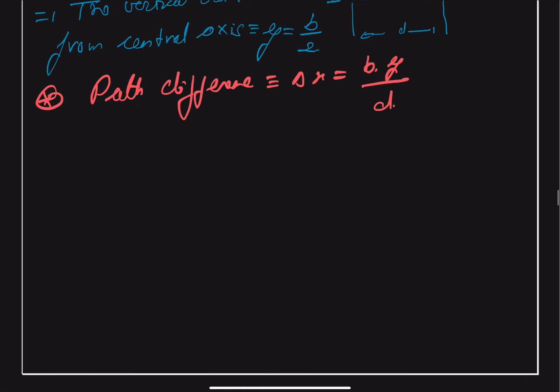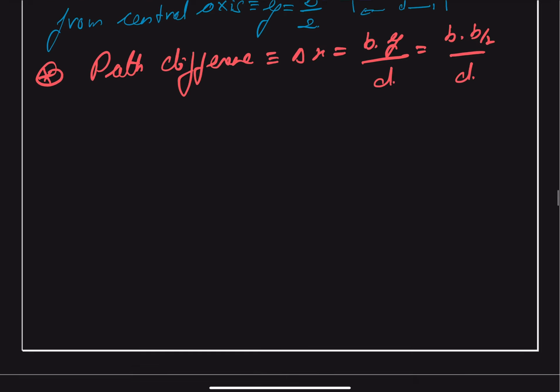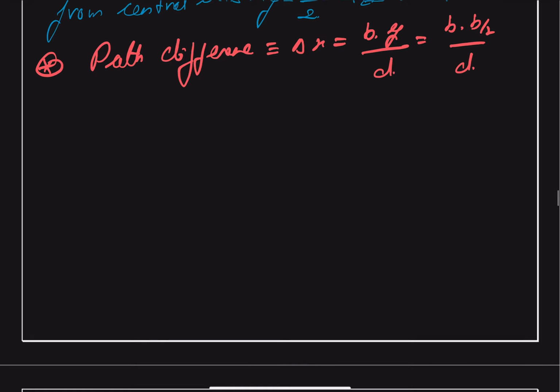We already know our y, so we substitute it here, we get b multiplied by b by 2 divided by d. This gives us that the path difference delta x is equal to b square divided by 2d.